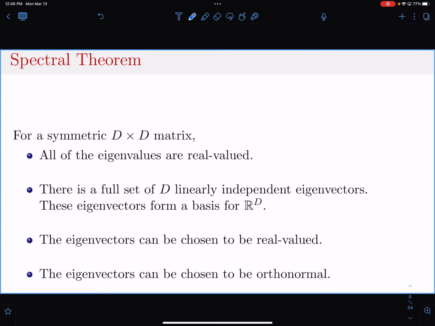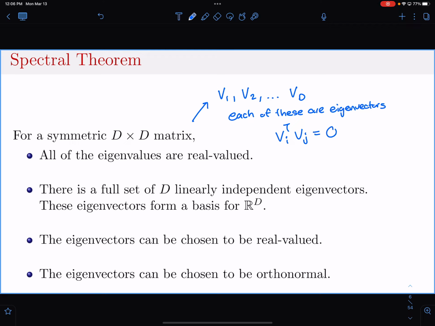What that means is we can find v1, v2, all the way to v sub d, where each of these is an eigenvector, and we have vi transpose vj equals 0 if i not equal to j. So all the vectors are mutually orthogonal to each other.